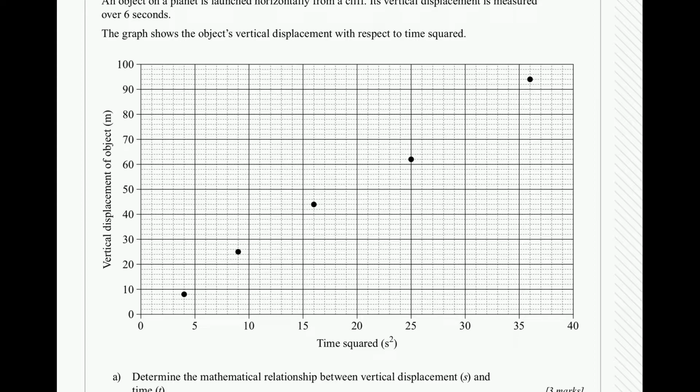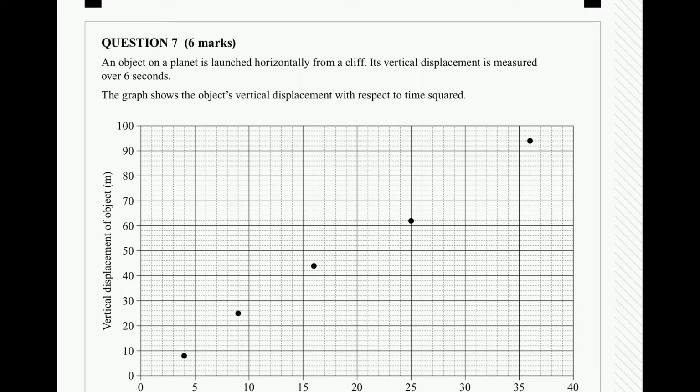Before I read part A and part B, I'm just going to quickly think about what's happening in this situation to help you along. So here we are on a cliff. There's an object and it is launched horizontally. And so what ends up happening over time is it gets down and down and down.